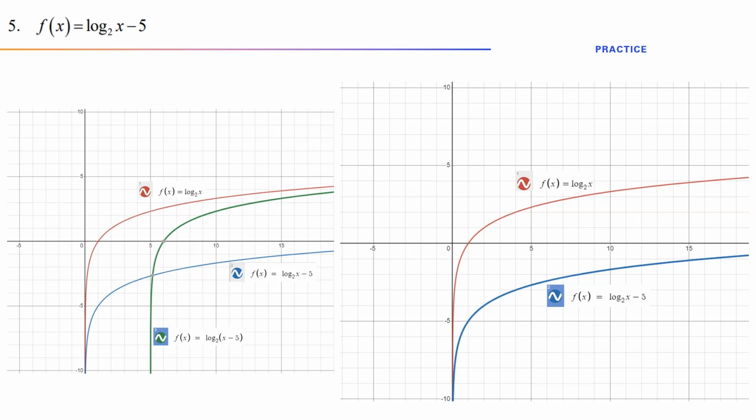What is the importance of knowing what the argument of the log is? If we have x minus 5 inside the parentheses, it belongs to the log. So this means we move to the right 5 units. From the red graph, we move 5 units to the right, you get the green one.